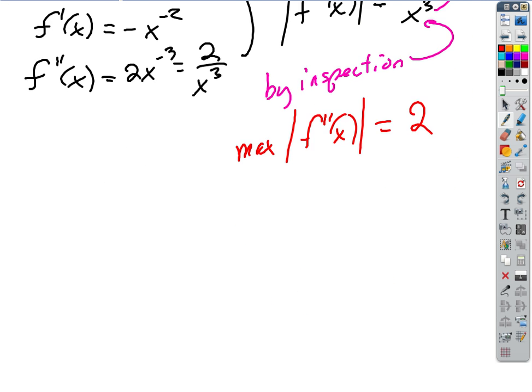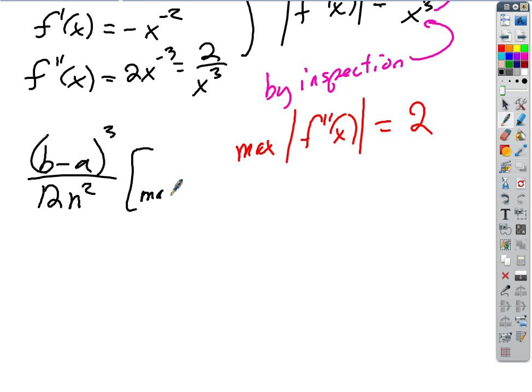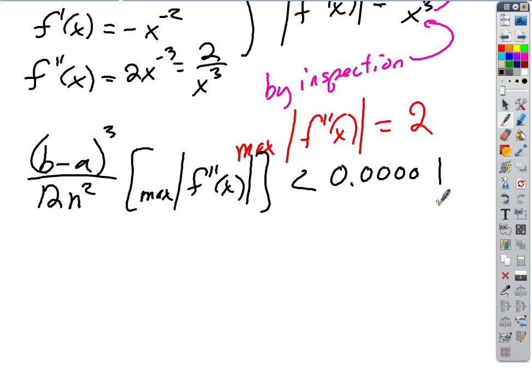Okay, so we can find out the error approximation here. We know that expression we had was B minus A cubed over 12n squared times that thing, right? That whole thing, that's our error, has to be less than 0.00001, right?